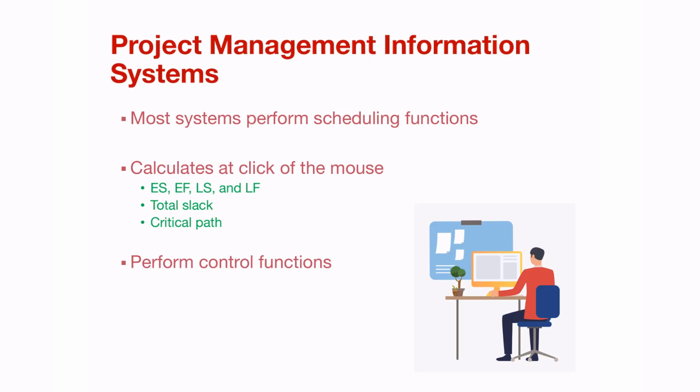Project management software can be used to schedule the different functions, and it is very good to be able to use project management software in this particular way. You can calculate all your early starts, your early finishes, your late starts and your late finishes at a click of a mouse. It calculates the total slack and the critical path.